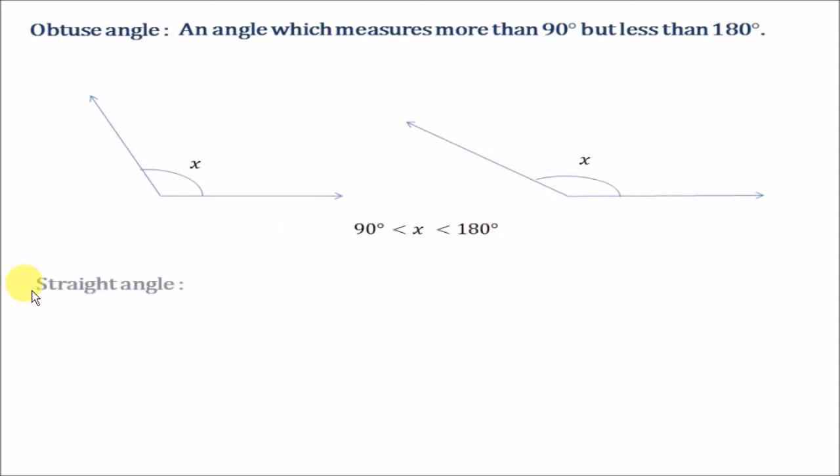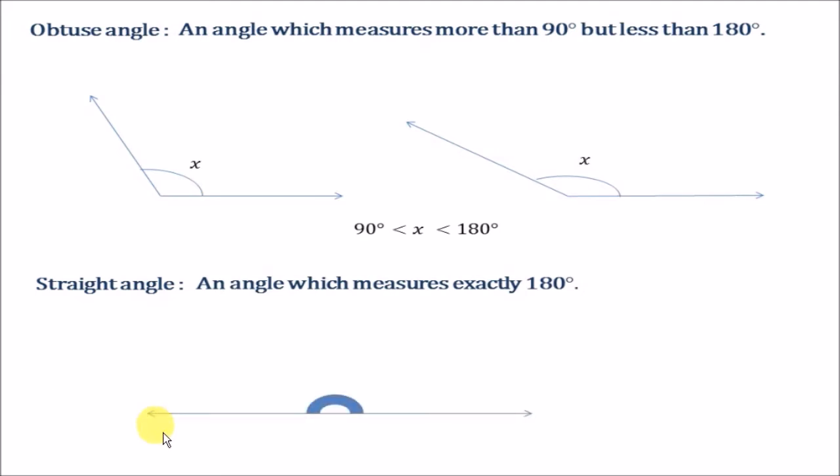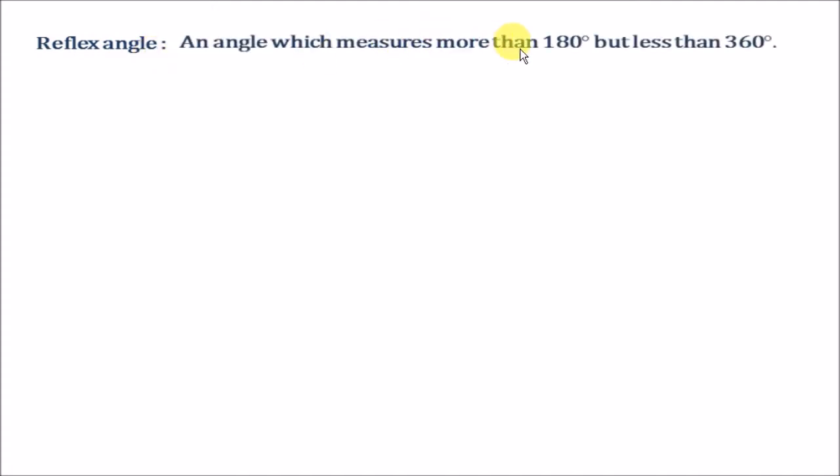Now, straight angle, an angle which measures exactly 180 degree. Representation of a straight angle. A straight angle is represented by a straight line. So a straight line measures 180 degree. Next, we have reflex angle, an angle which measures more than 180 degree but less than 360 degree.